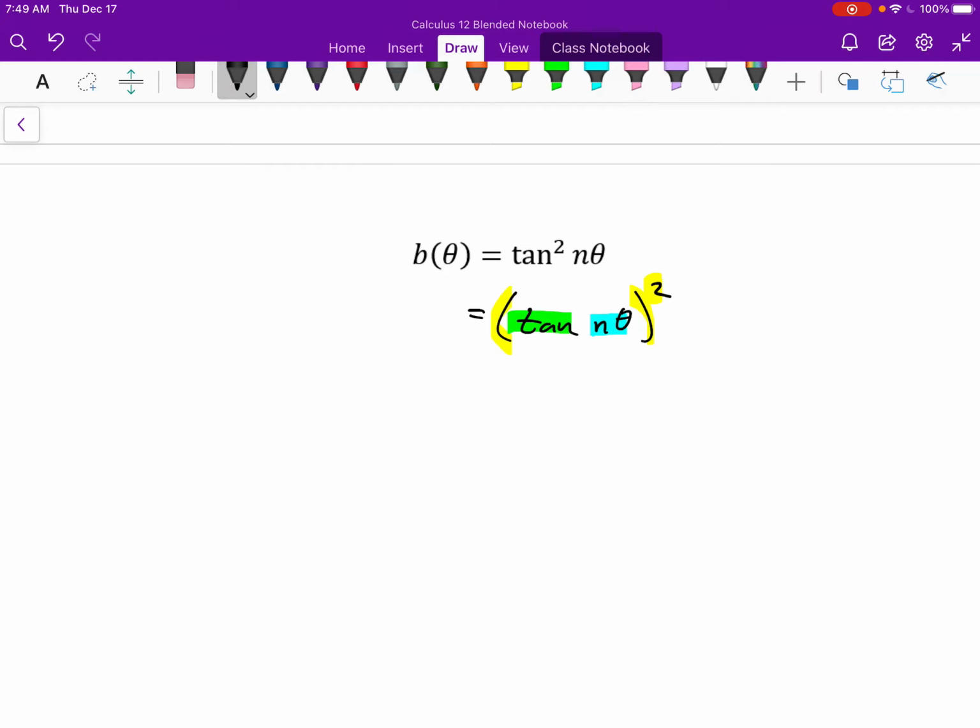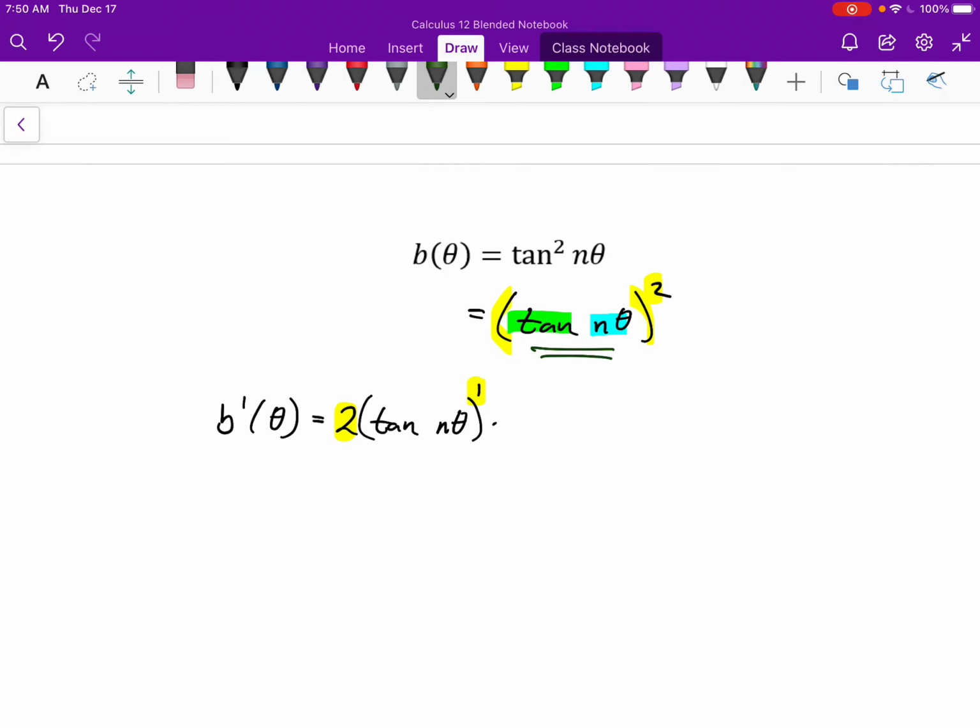And so if I want to differentiate this, first I need to start with the outside layer, which is 2, leaving tan of n theta alone, and I'll put brackets around it, to the power of 1. So there's my first step done. Next, I differentiate the second layer. The second layer is the tan of n theta, but again, n theta is a linear function inside a tangent function. So I next differentiate the tangent function with respect to n theta, leaving n theta alone.